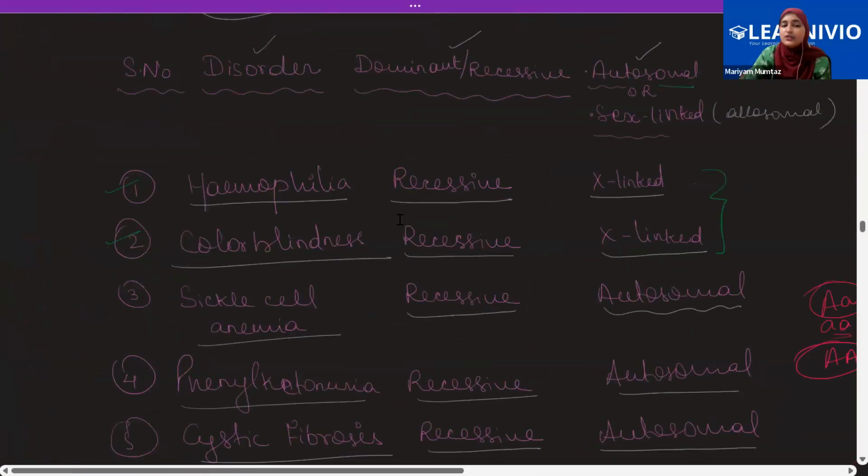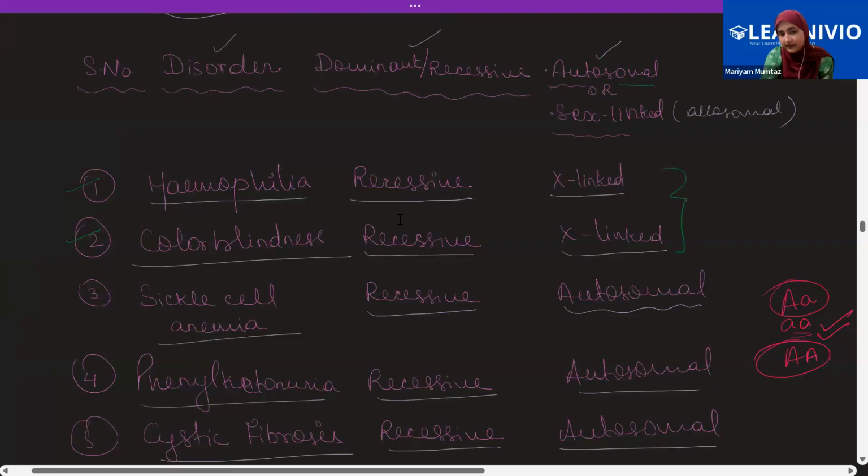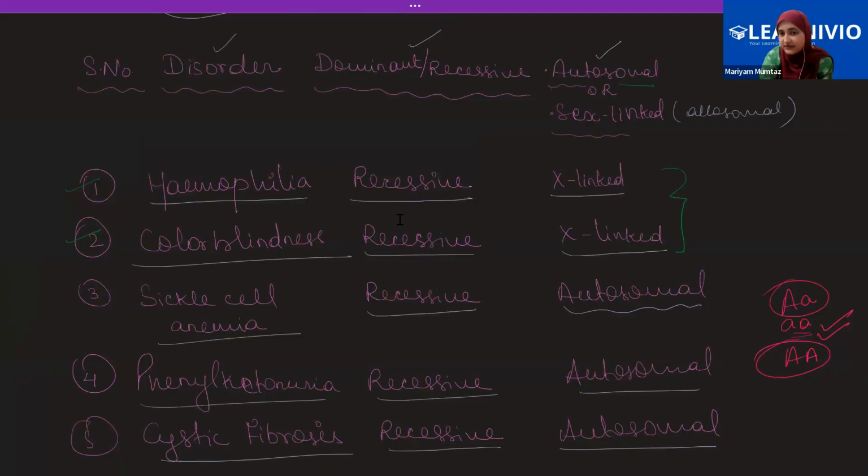The first one is hemophilia. This is a recessive, X-linked disease, meaning the X chromosome and its inheritance are responsible for hemophilia. Color blindness is also an X-linked disease. It is linked with the sex chromosome, not the body chromosome.